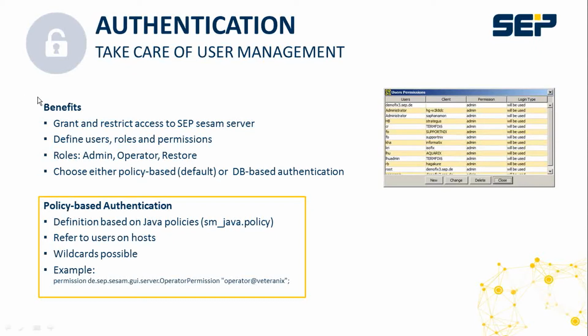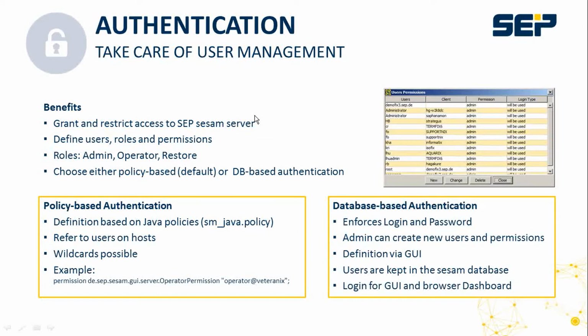Then you can switch in our graphical user interface to a brand new database-based authentication, and now you can create your own users, your own permissions, your own passwords, so that these users can log into our software, and this user information, the permission information, will be kept in the database of the backup server.